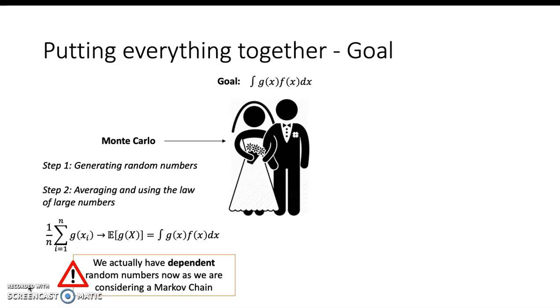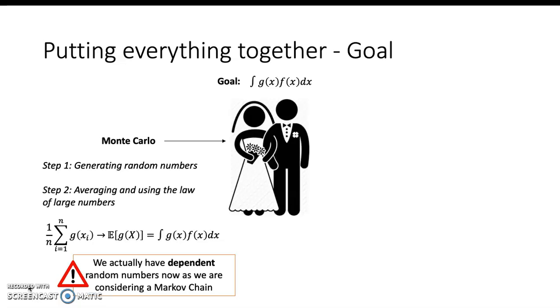We only have to think a little bit about the fact that we now have dependent random numbers, so we don't leverage the most well-known version of the law of large numbers, but a different one. It still works: we still have this convergence, although we use dependent random numbers when we are considering a Markov chain.